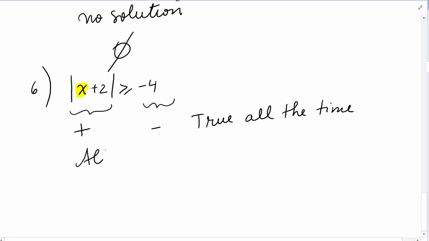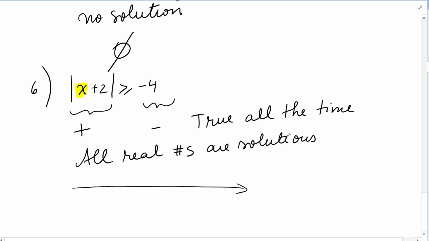So that means all real numbers are solutions. And to write that as an interval, that would mean negative infinity to positive infinity. We shade everything and we write it as negative infinity to infinity.